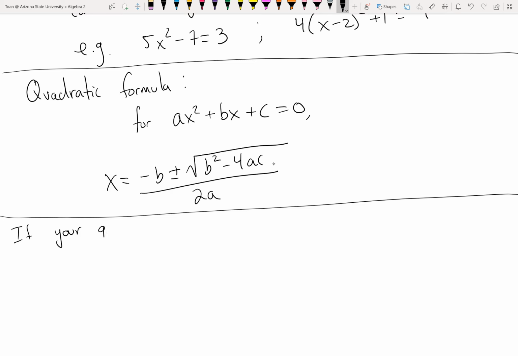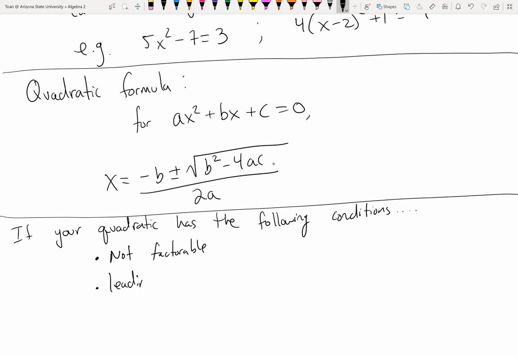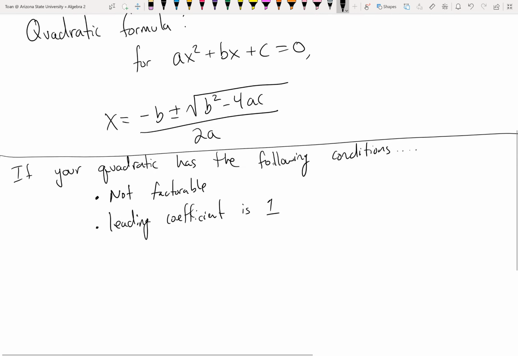If your quadratic has the following conditions, it needs to be not factorable. The leading coefficient is a positive 1. The leading coefficient is the number in front of the x squared.